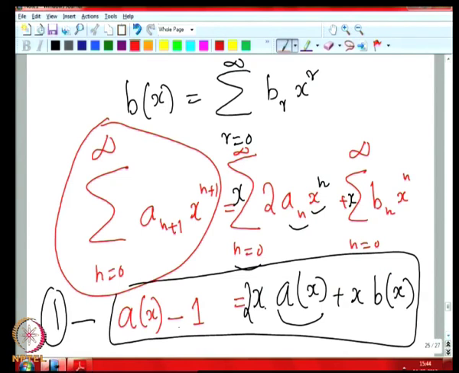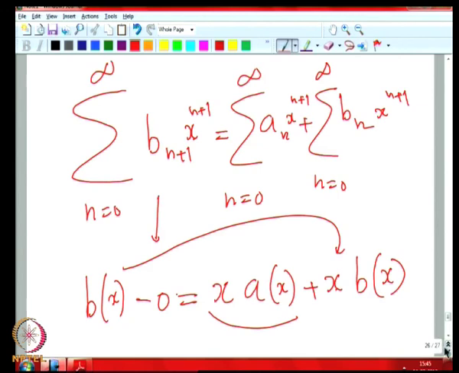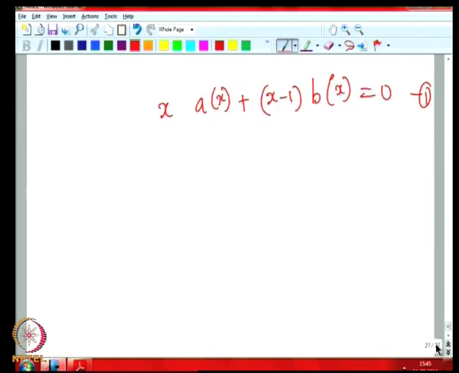The first one also I can rearrange, taking the a of x terms to this side: 1 minus 2x into a of x minus x b of x is equal to... so I continue in the next class.